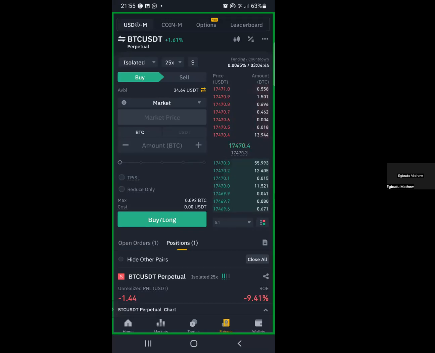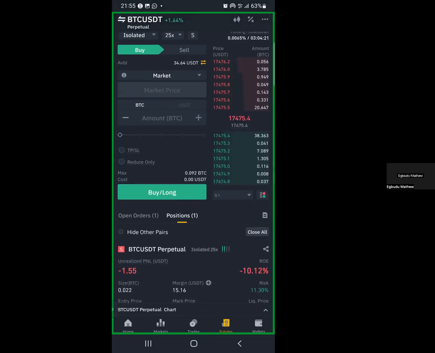So you're going to be losing 4% of your $10, which is $4. But if the trade goes in your favor, you're going to be winning 4% of your $10, which is $4.